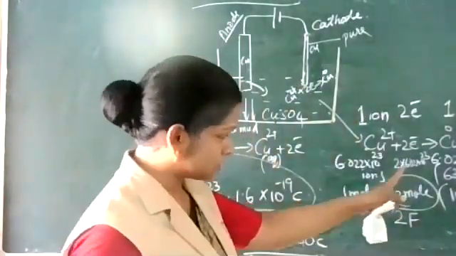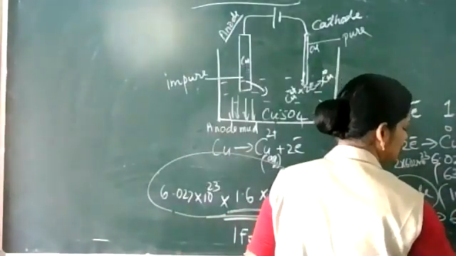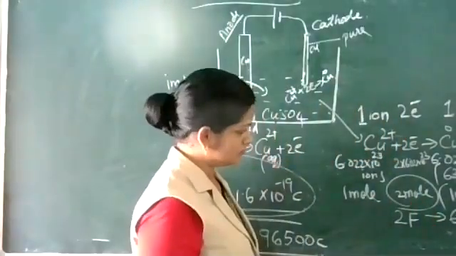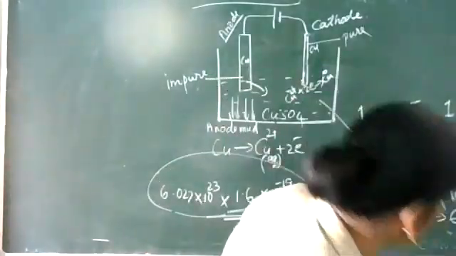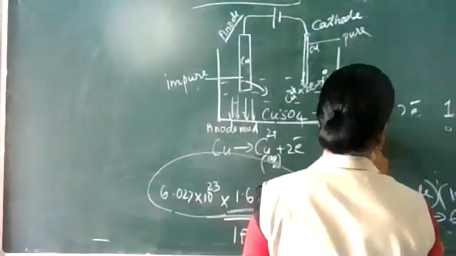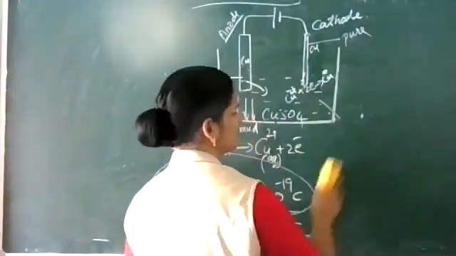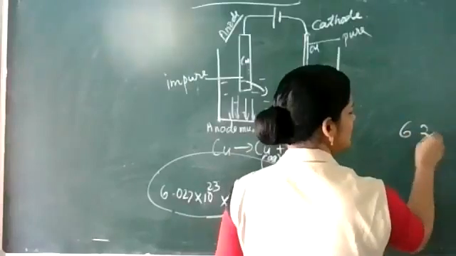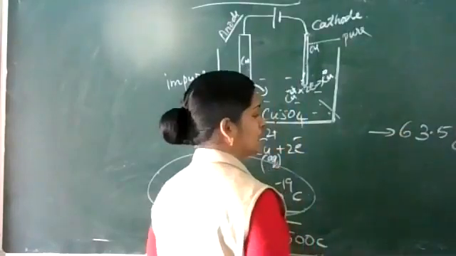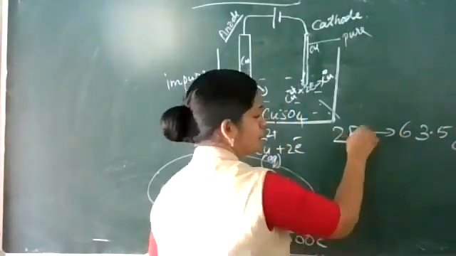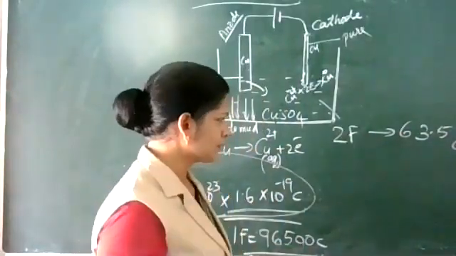So to get 63.5 grams of copper, I need how much electricity? 2 Faraday, which means 2 into 96,500 coulombs.